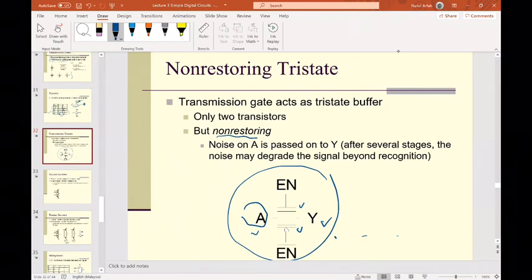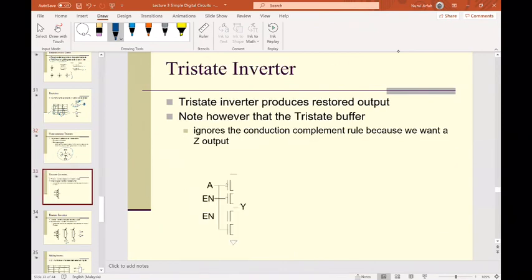Then we have another case. We call it a 3-state inverter. We invert that 3-state. So the 3-state inverter produces a restored output.